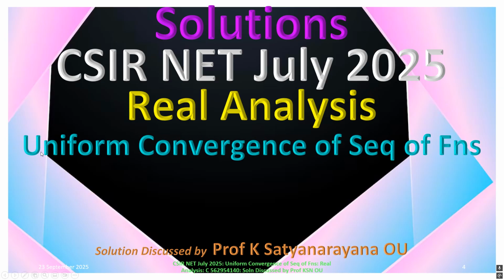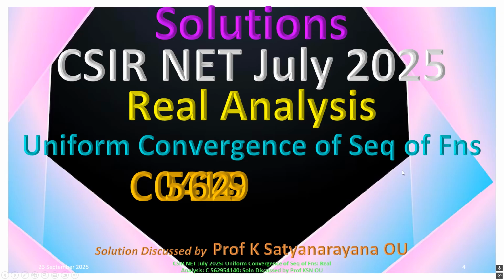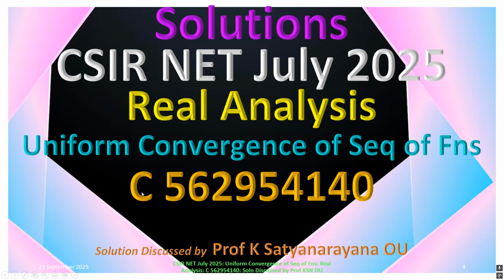And the problem is related to the uniform convergence of sequence of functions. This question is placed in part C, which is a multiple select question. There may be more than one answer and the question carries 4.75 marks.